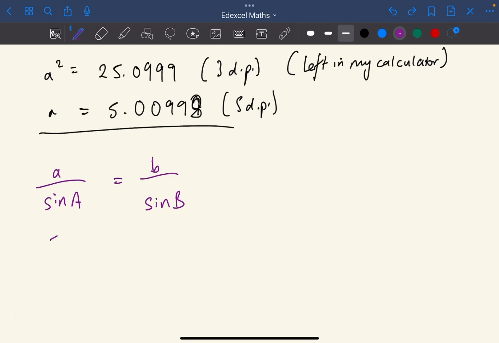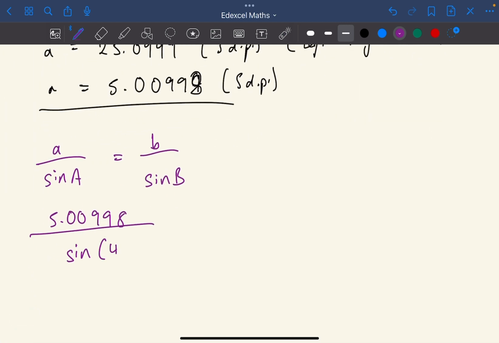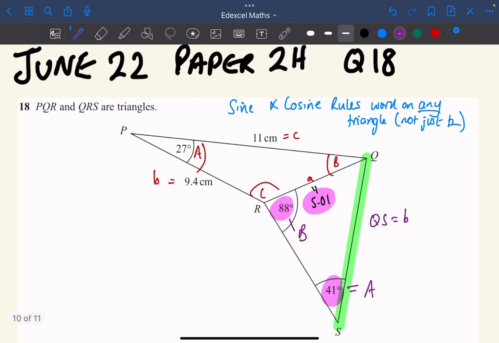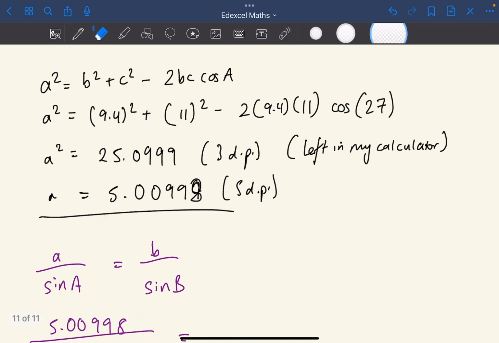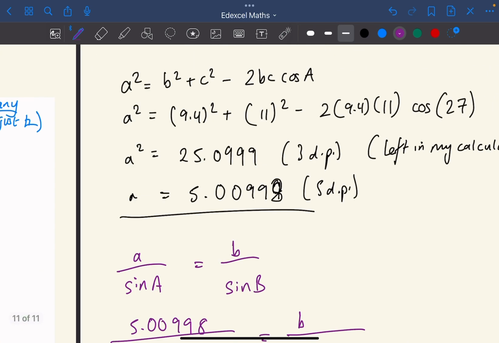Again, I've stored the number on the calculator. Over sine 41 is equal to B, which was this B, over the sine of that B, sine 88.